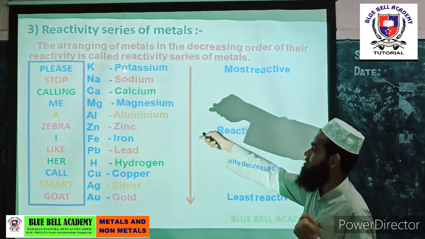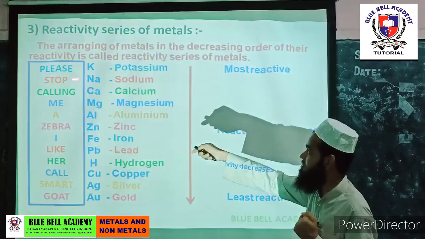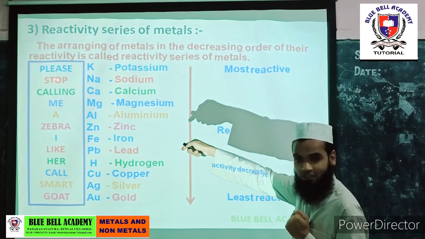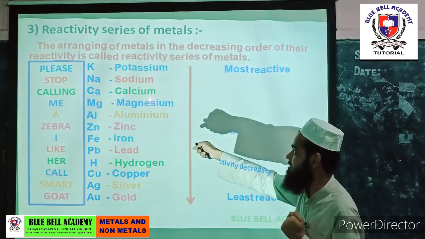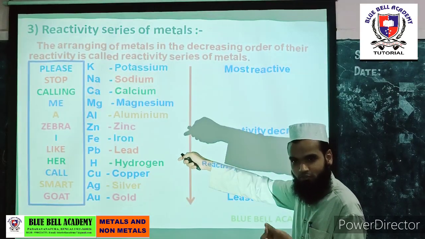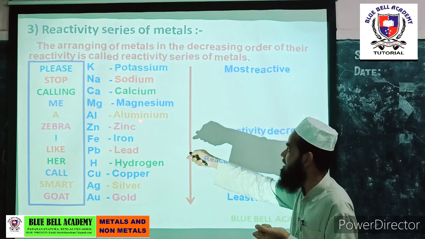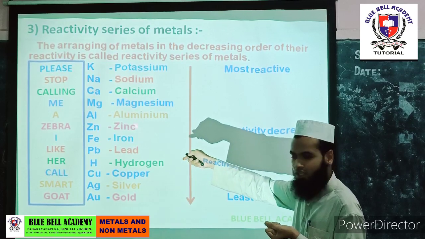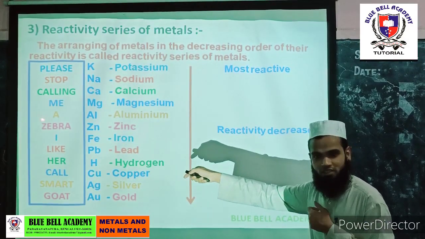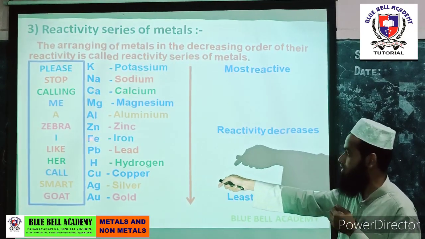Please: P stands for potassium, S stands for sodium, which I have mentioned as stop. Ca is calcium, calling. Magnesium, for which I have used the mnemonic word me. Aluminium, a. Zinc, for which I have used the word zebra.